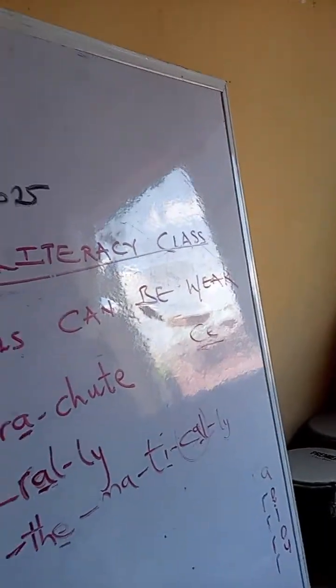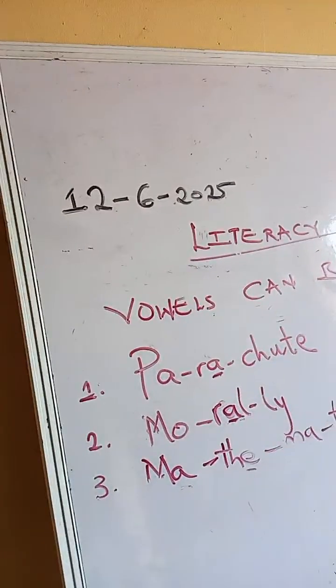How many times would I tell you? Y can be a vowel also, especially when it comes at the end of words. When the Y appears at the end of words, it's no longer a consonant. Why? Because it sounds E, and E is a vowel sound. I hope you know that.